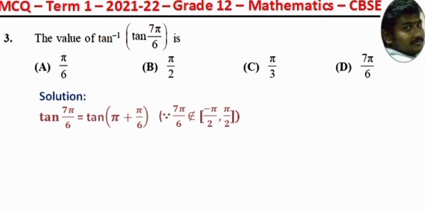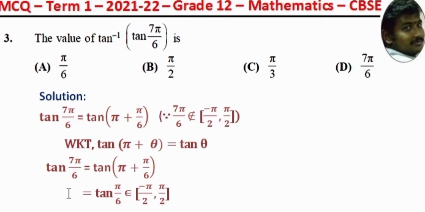So we can rewrite tan 7 pi by 6 as tan of pi plus pi by 6, which is equal to tan pi by 6, because tan of pi plus theta equals tan theta. So in place of theta here, pi by 6 is there. So the answer is pi by 6. Pi by 6 is between the interval minus pi by 2 to pi by 2. So hence option A is the correct answer.